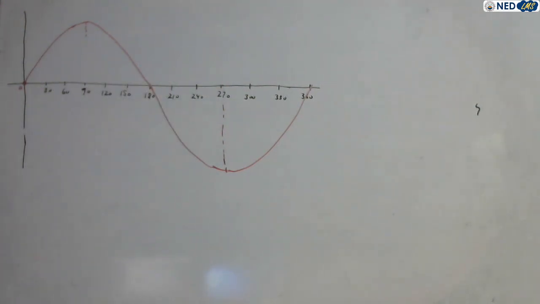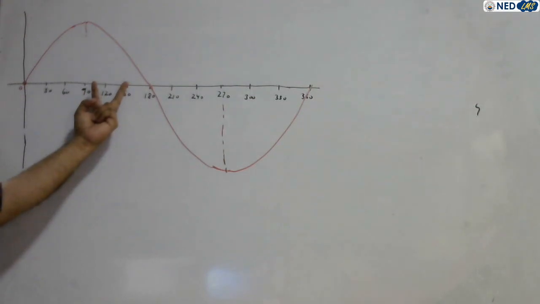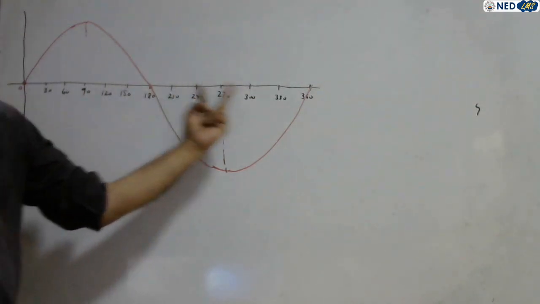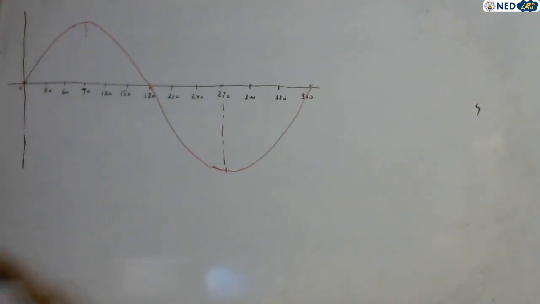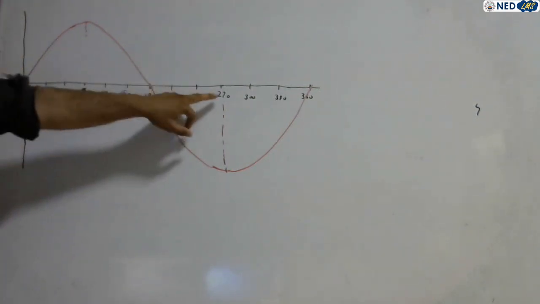So that's how the sinusoidal waveform of the red phase is drawn. Positive peak at 90 degree, negative peak at 270.